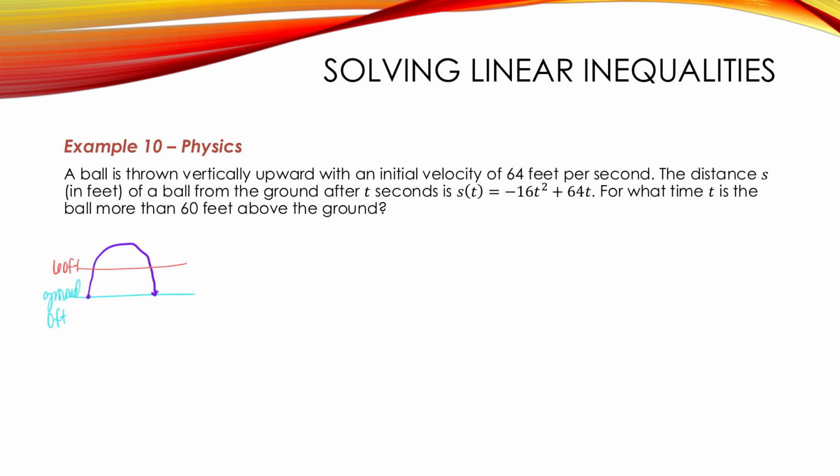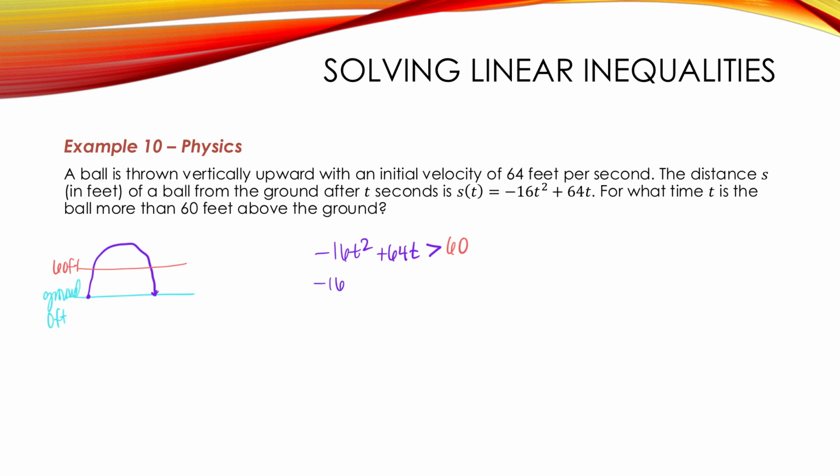So what we're really looking at here is where is negative 16t squared plus 64t greater than 60? That's what we're really looking for. Where is it above 60? Well, we need to move the 60 over, and we have to solve.